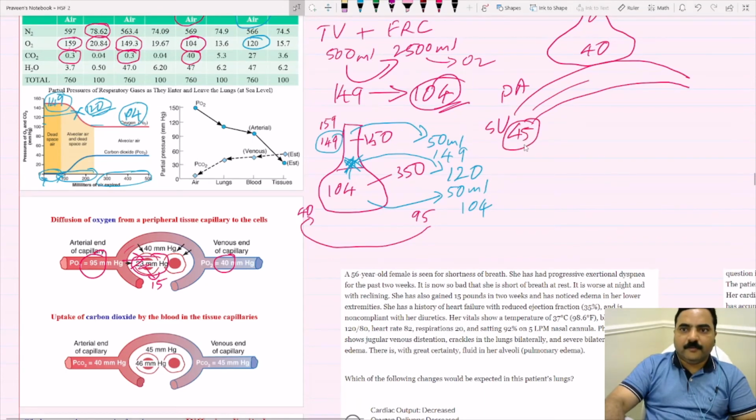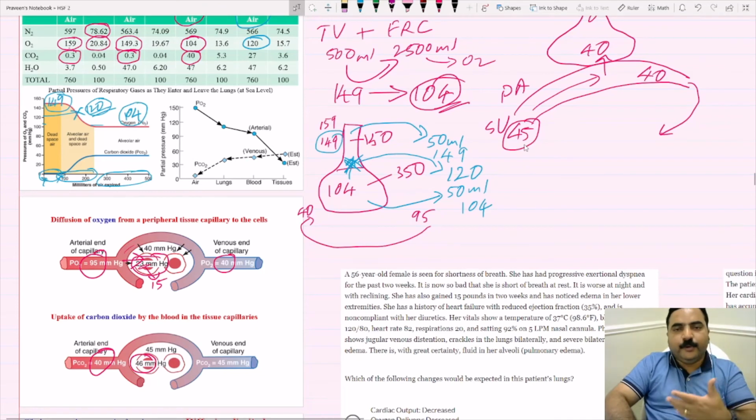So the 45 is coming over here and giving up the carbon dioxide, and then becoming 40. This 40 is then going to the tissue, and in the tissues there is always a higher partial pressure, because carbon dioxide is being produced in the tissue. So the 40 changes to 45, and this 45 is what comes from the tissues to the lung and changes into 40.